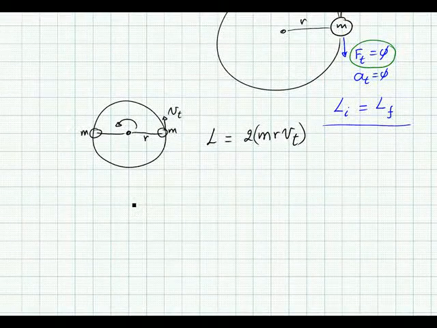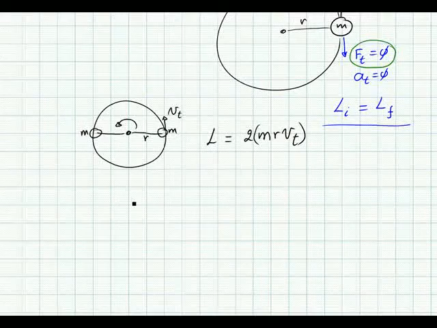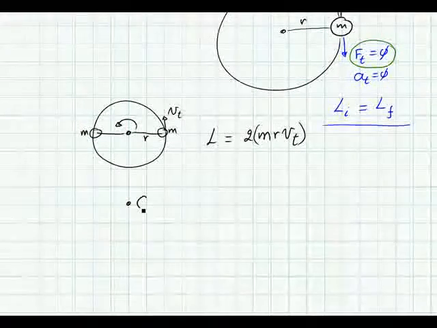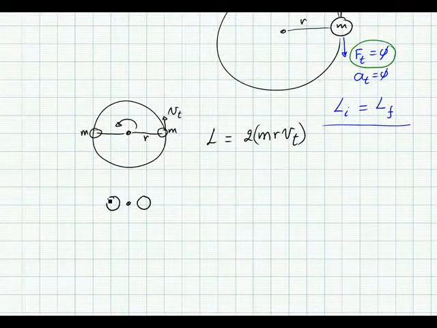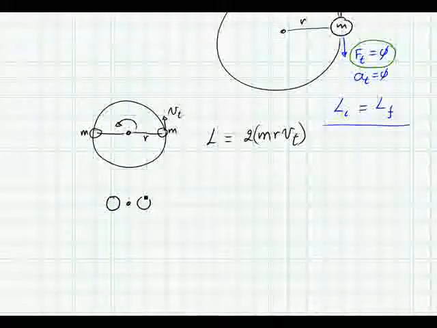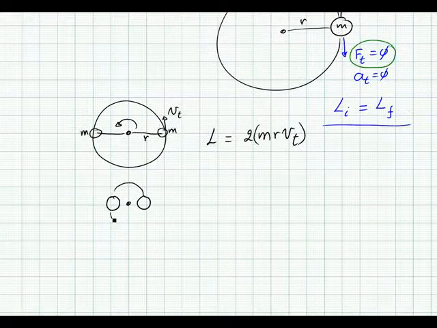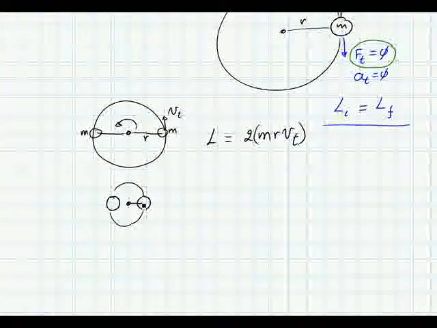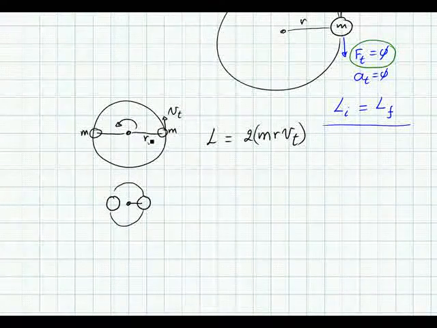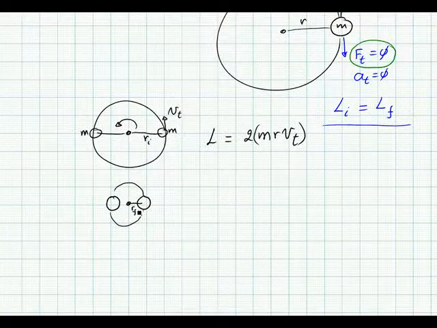Now, if she were to pull her arms in, then the masses would be closer to the axis of rotation. Alright, so let's call this r initial, and this would be r final.